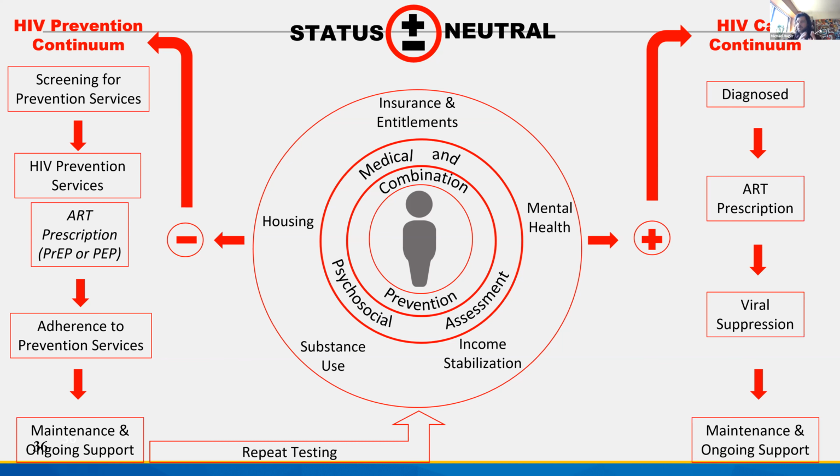So I don't want to spend too much time going over this diagram, but just looking at the words that are included here should be a good starting point for you to start having discussions internally with your data folks. What type of data do we have available? Can we look at the extent to which we have comorbid mental health and substance use issues in our HIV population? Can we look at the extent to which we have unstable housing or other housing challenges for our clients?